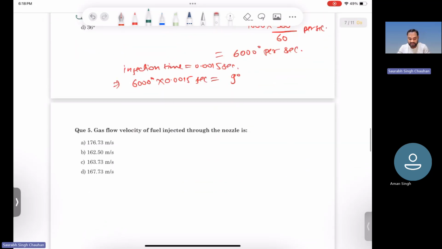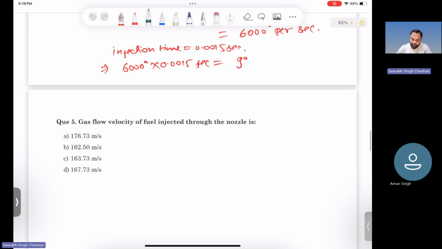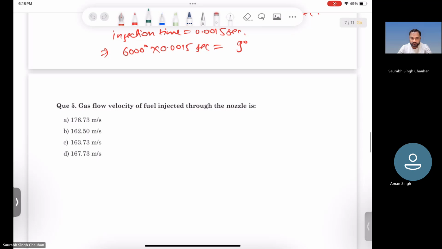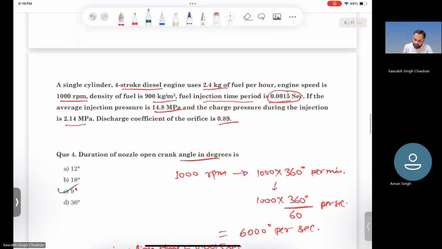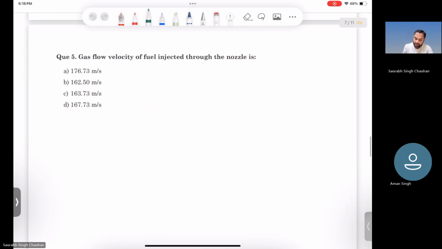So now question 5, which is also based on the previous data. The gas flow velocity of fuel injected through the nozzle is. We know that it is given by the square root of 2 delta P divided by density.